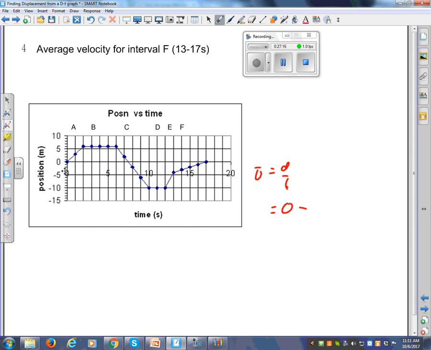Negative 4. 0 minus a minus 4, which is plus 4. And if you have to, you can just go 1, 2, 3, 4. Count up 4. It goes up 4. Rises 4. Right? Rise over run. How much does it go over? 1, 2, 3, 4.